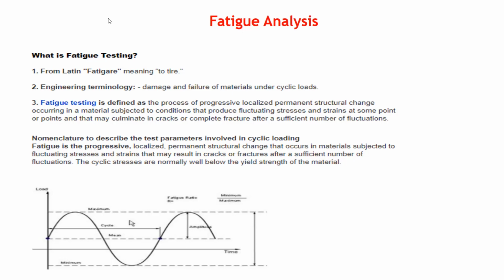These cyclic stresses are normally well below the yield strength of the material. So we're only going to consider fatigue analysis that lies under the yield strength. If you're considering a high fatigue cycle, it will be under the same thing.